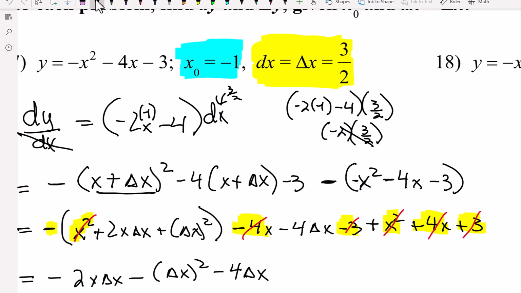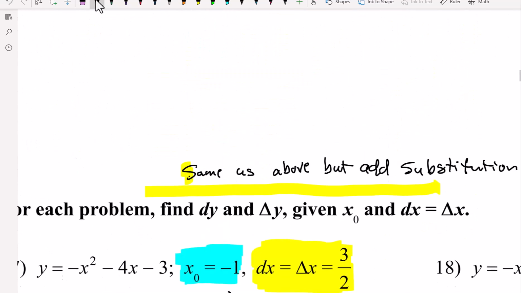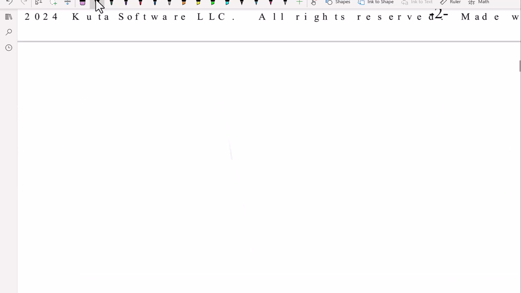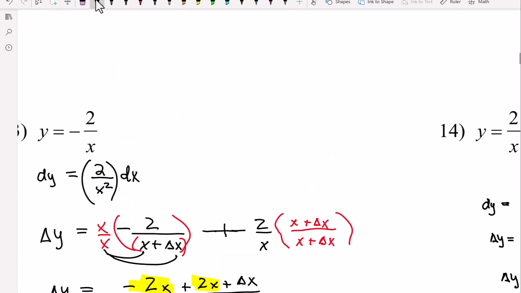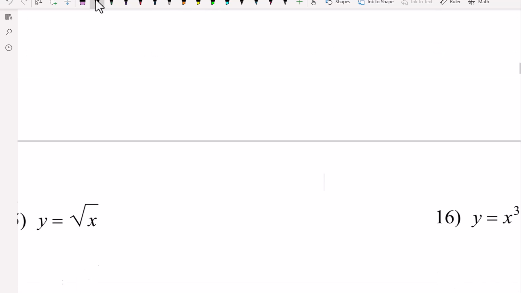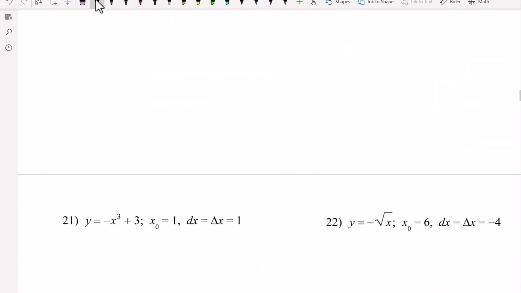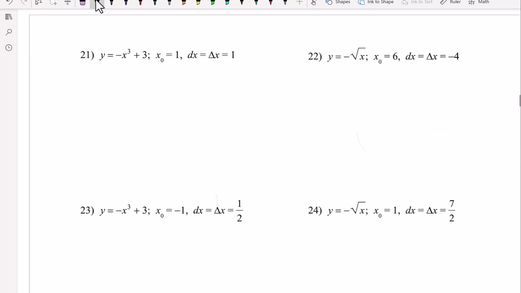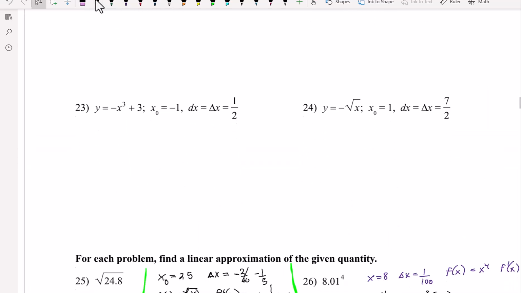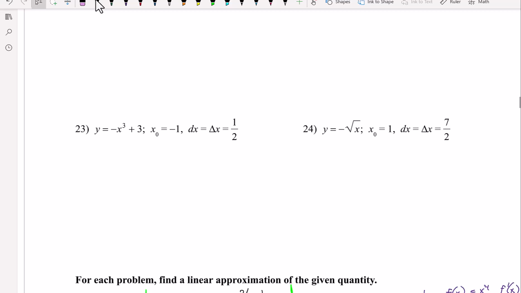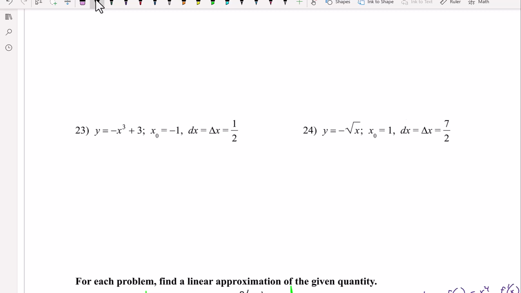So dy is equal to -3. All right, and up here, there was another one. Nope, this was just general. Okay, I think that gives you an idea on how to do these. Let me see if there's another weird one. Nope. And then the next one will be linear approximation. All right.